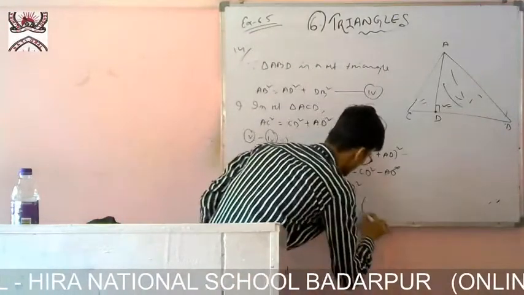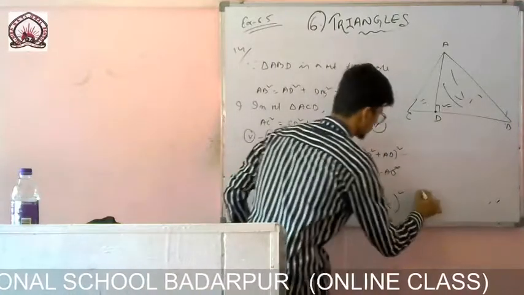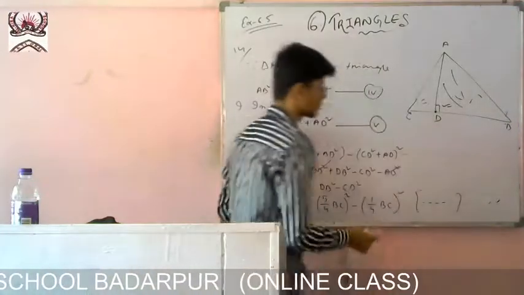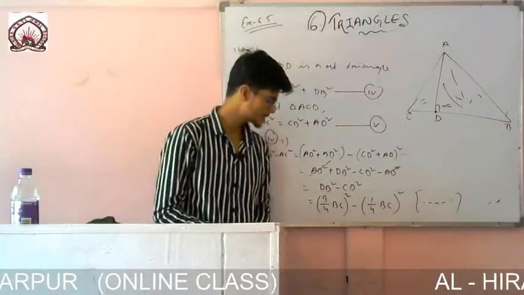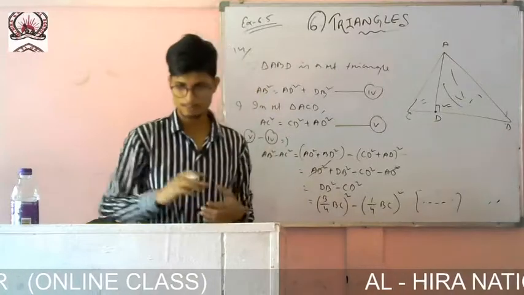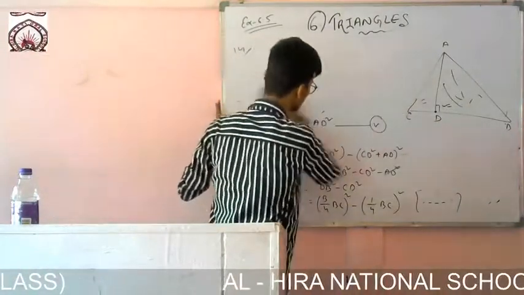You write it from equation 1 or 2, wherever we found it. So 3/4 BC whole thing square minus 1/4 BC square. Now only 2-3 lines are left.